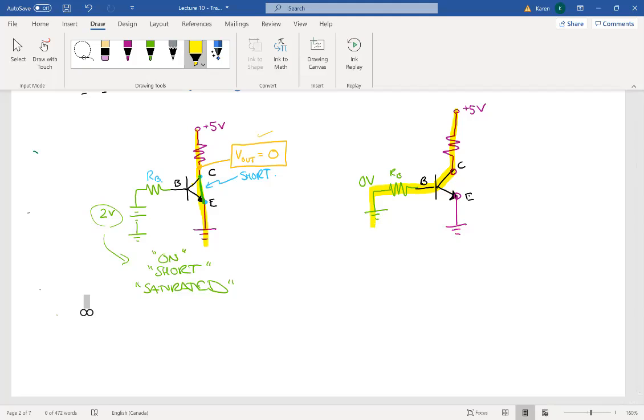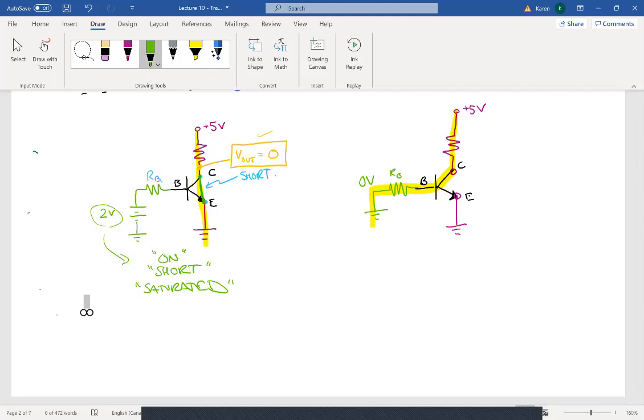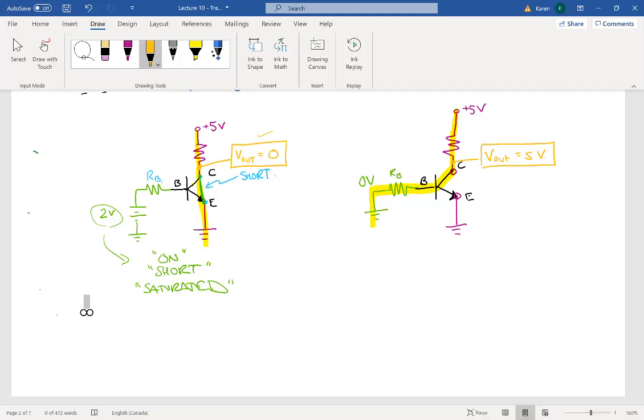It is going to travel through from collector to base and to whatever's going on over here, which is ground. So that means that if I were to measure this voltage here, you would still have that 5 volts as it travels through.